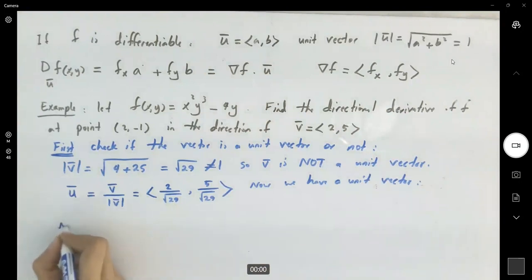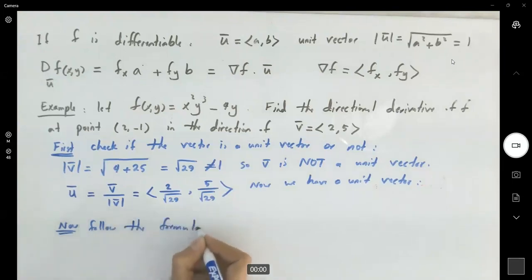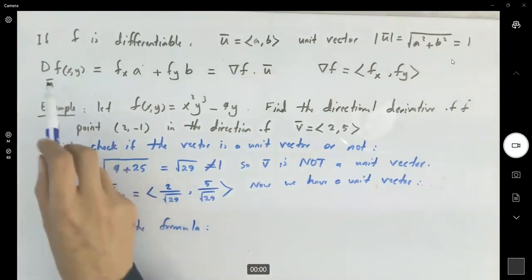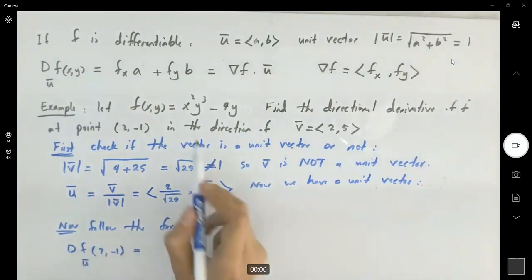Now follow the formula. The formula says the directional derivative of f at point 2 and -1 in the direction of unit vector u is, well, what do I need?